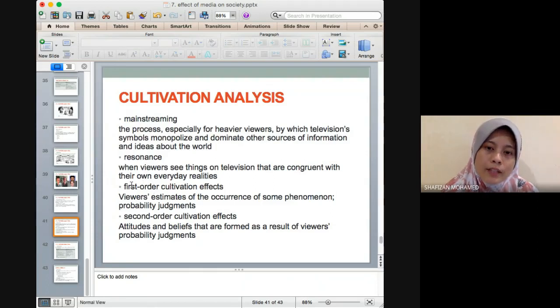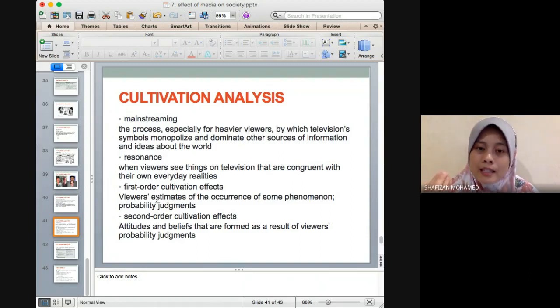And usually cultivation effects have a first order and a second order. The first order depends on the amount of time you are exposed to a particular image or message, and you become somewhat accepting, but you don't really change your attitude yet.